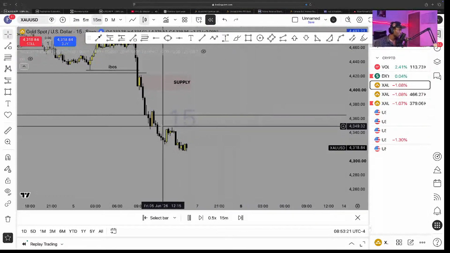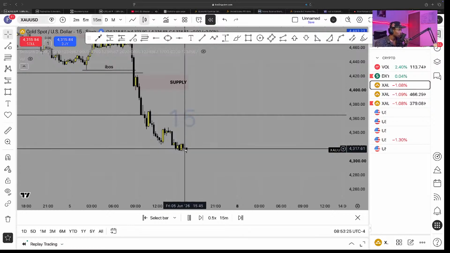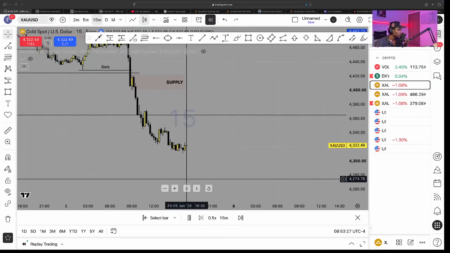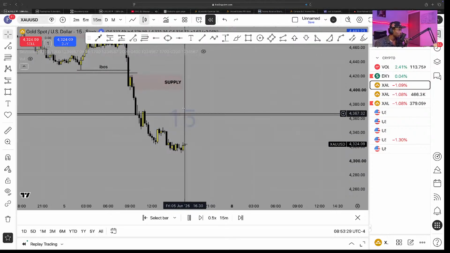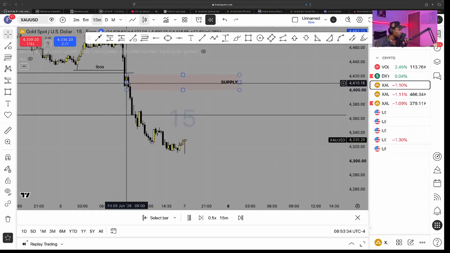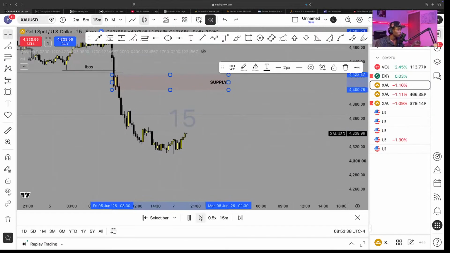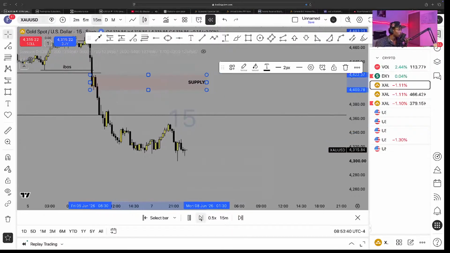So when you see market slowing down like this, sometimes they tend to drop, but most of the time price tends to rally back to the supply that has the highest displacement. So let's just play price forward to see.